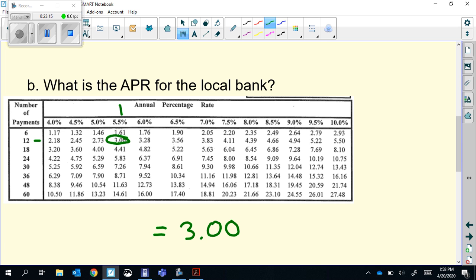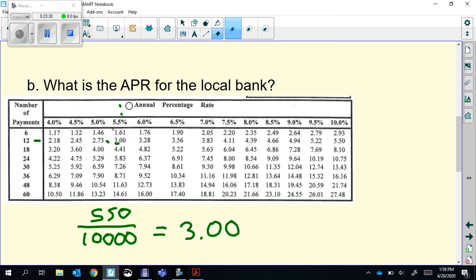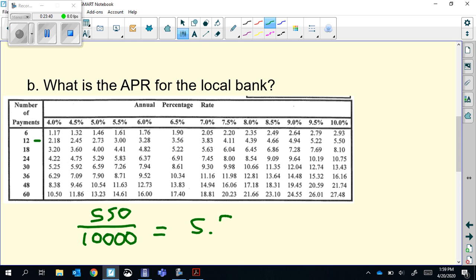And we set that equation up with the interest over the principal. Made a little mistake. Interest over the principal, which equals that 5.5, which gives us the actual APR, looked at it backwards here, would be 10%.